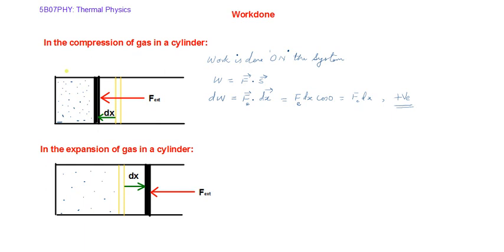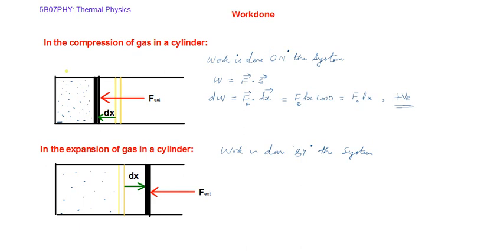Now let us see how the work done turns out to be negative in the case of expansion of the gas. So now during expansion, work is done by the system. Therefore, you can see in the picture, still external force is shown to be acting to the left.